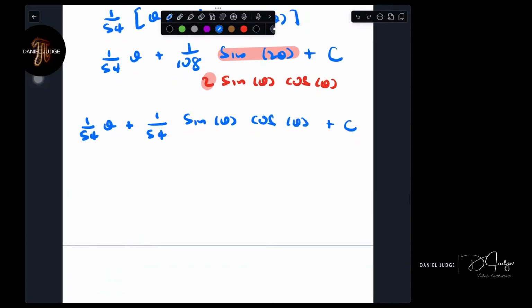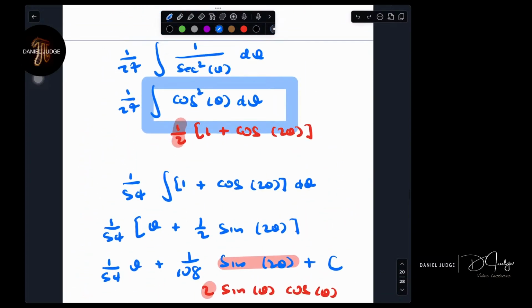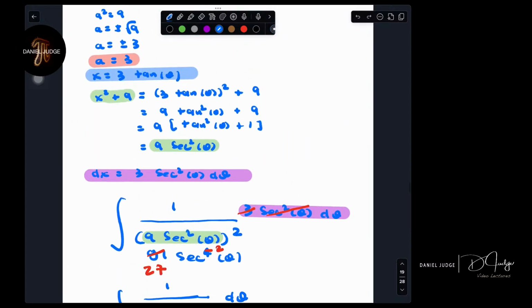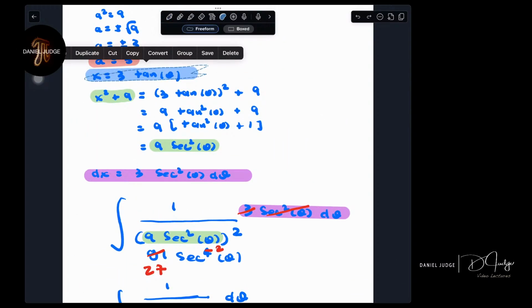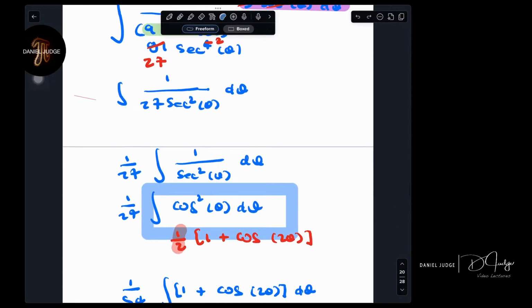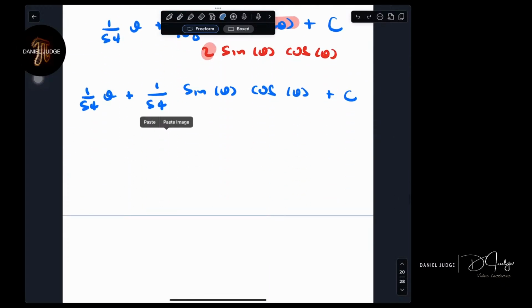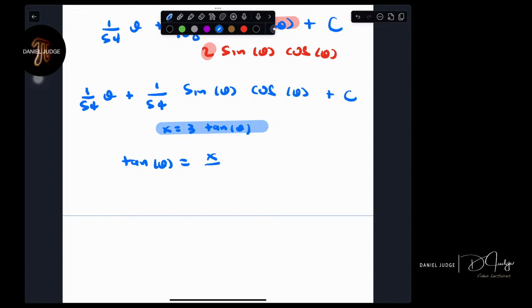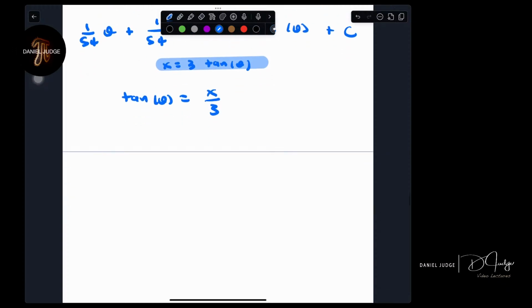Anyway. Okay, looks pretty good. Now go back to the fact that we let x be 3 tangent theta. What that will mean is that our tangent theta is x over 3 when we solve for tangent. So we have our theta now.